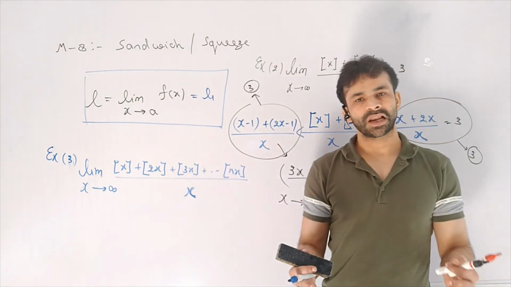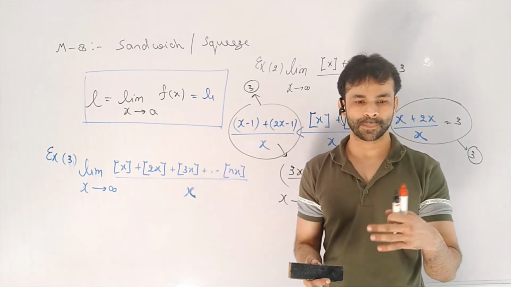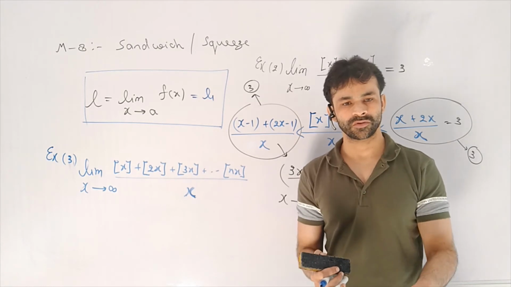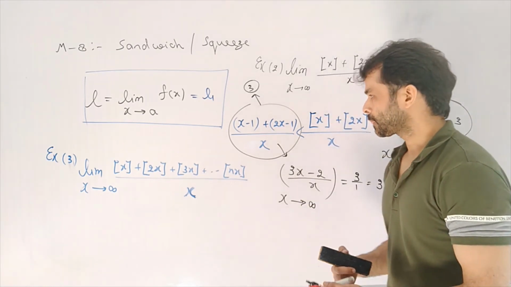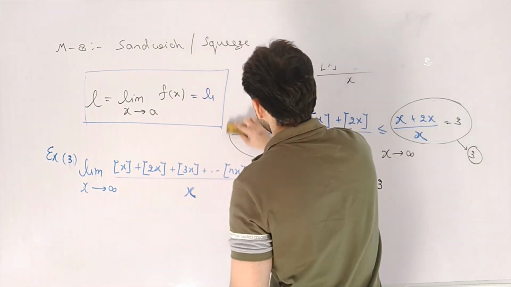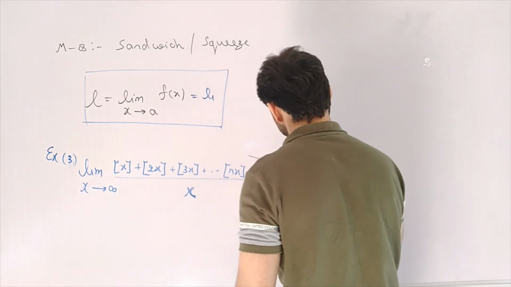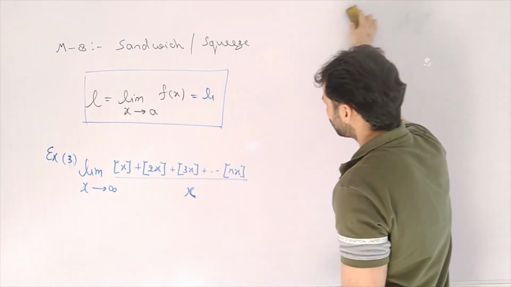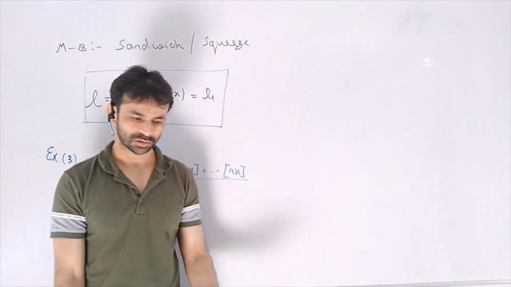Or sometimes you will have some series which you cannot solve using AP or GP, because in series, how do we solve? We use AP or GP. Now, the best problem on this sandwich theorem was the problem of IITian 2008 or 9, I think that was the problem of 2009.